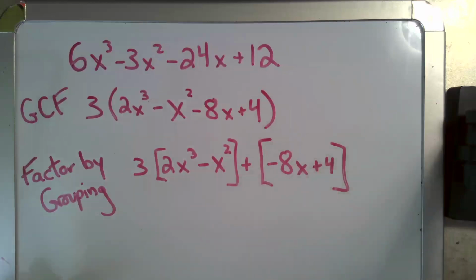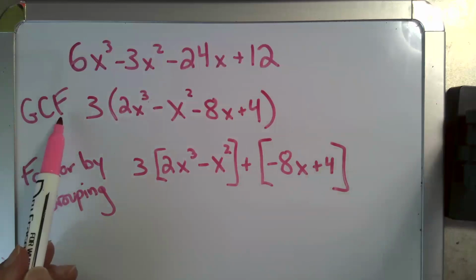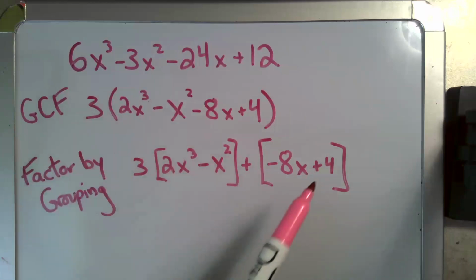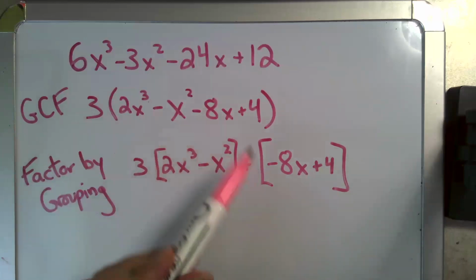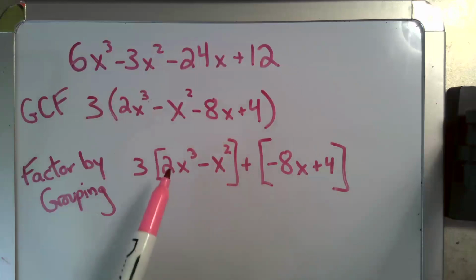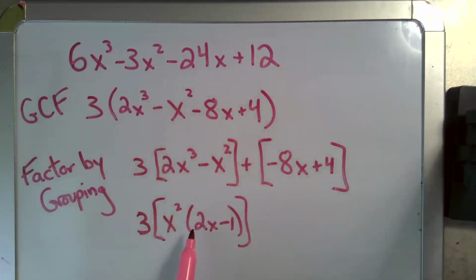Now, I'm going to essentially apply my greatest common factor work to each individual bracket. So in this first bracket, I see I have an x squared common to both, which leaves me with 2x minus 1 when I factor that x squared out. And then here, if I have a leading minus, I'm always going to want to factor that out. So I'm going to factor negative 4 out of both terms.